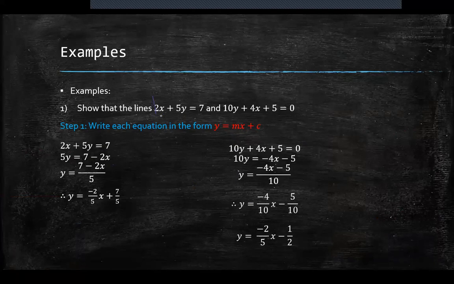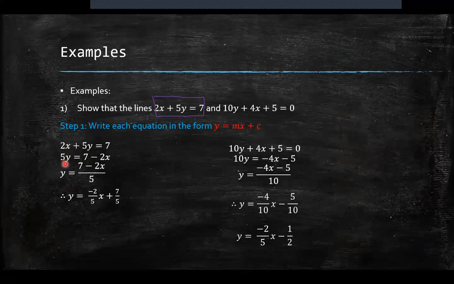This is my first equation here: 2x plus 5y is equal to 7. And remember, we want it in the form y is equal to mx plus c. So what we're trying to do is make y the subject of the formula.